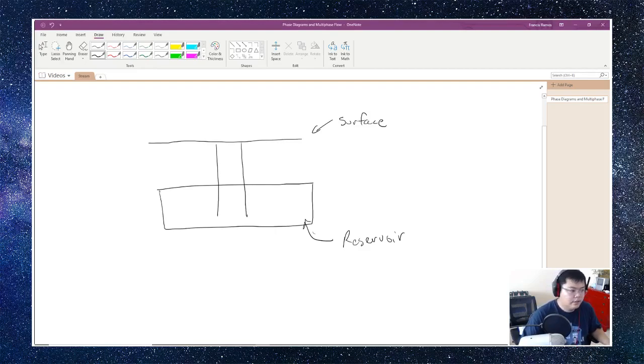Now we have, let's say, a separator up here, and let's say that oil is flowing from the reservoir into this area over here, which is known as the wellbore.